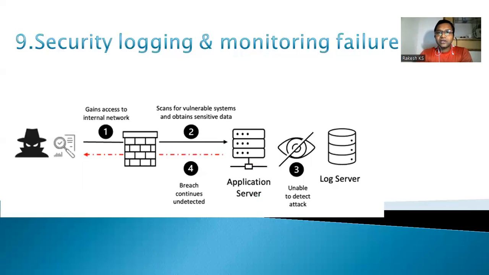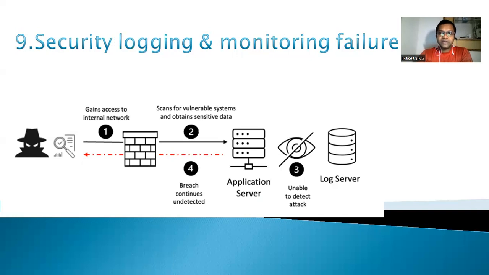Next one is security logging and monitoring failure. An attacker continuously monitors the application server. Every day he logs into the server and tries to attack it. When he continuously logs into the server, or an unknown person is logging into a server, the server should notify the admin. Here the server doesn't notify the admin.